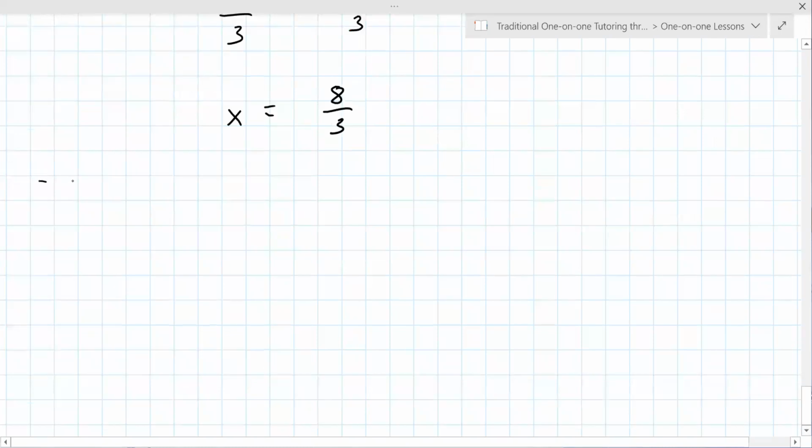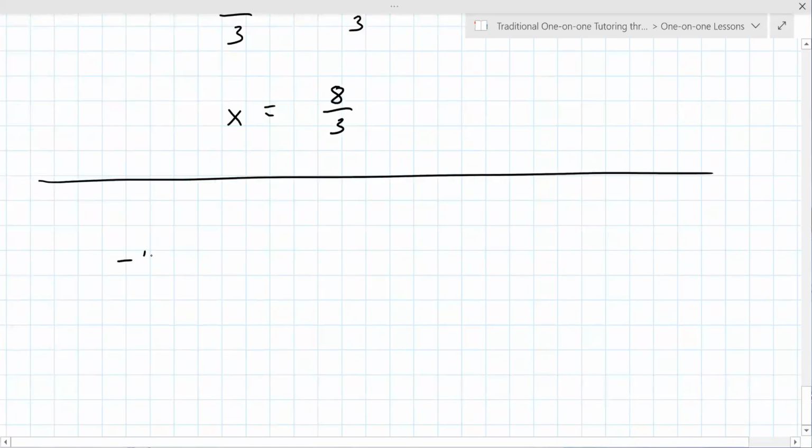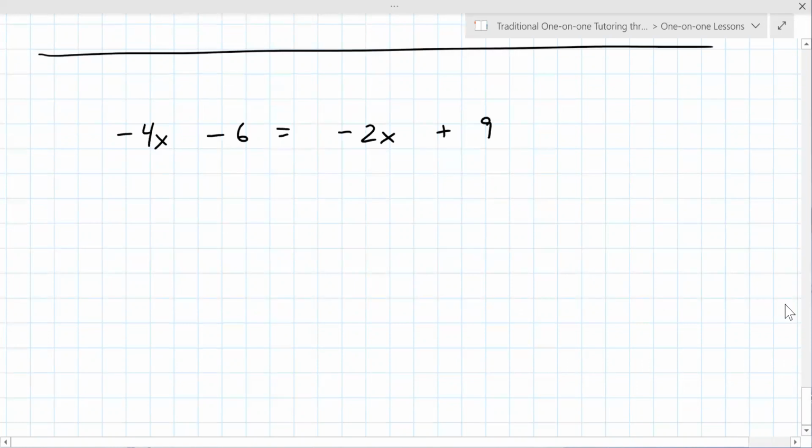Okay, let's do another example here. -4x minus 6 equals, oh boy, -2x plus 9. So again, it's the same sequence of questions.